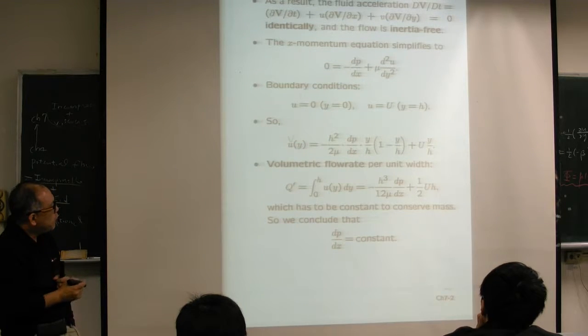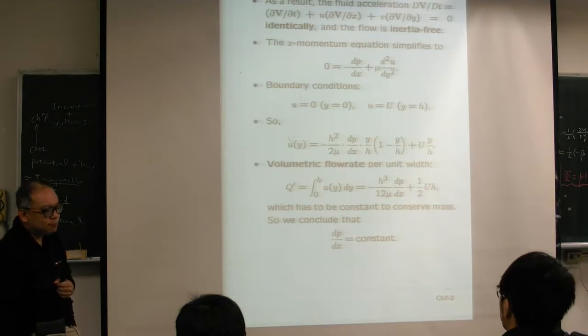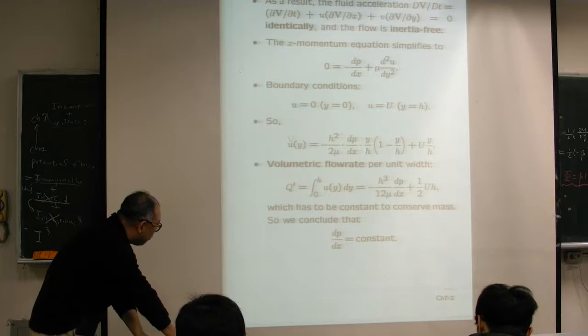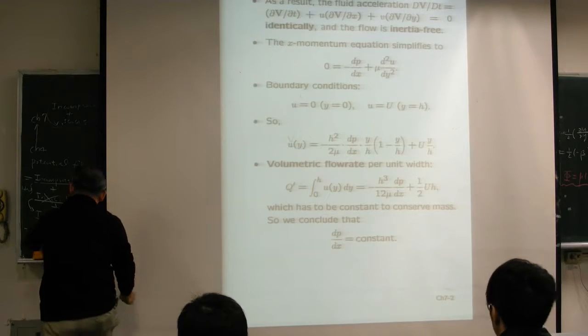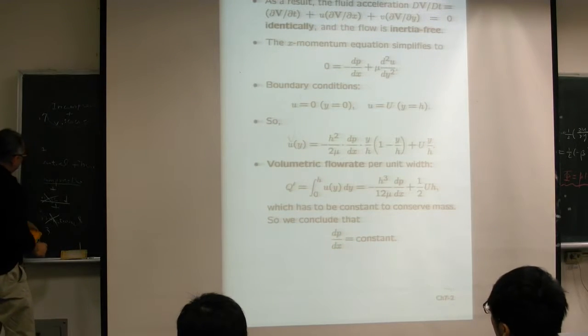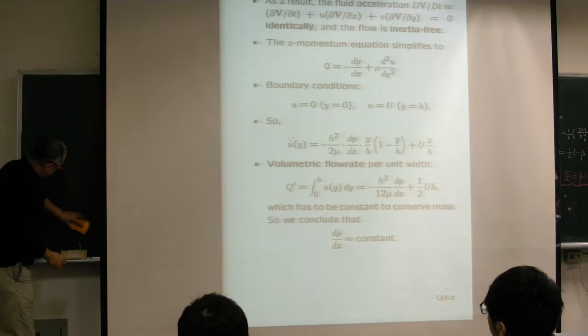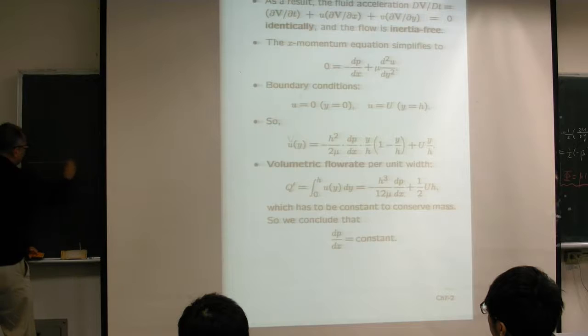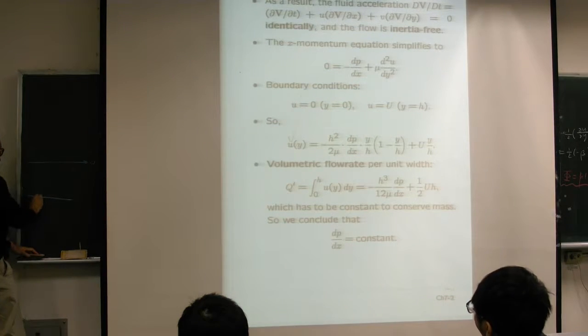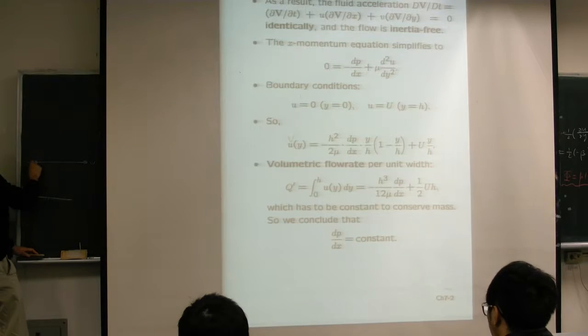Usually this volume flow rate is a constant, because for any flow direction, we have two walls, one stationary and one moving.